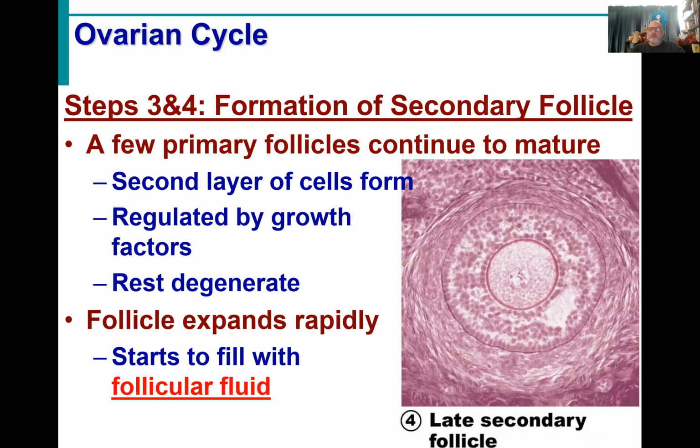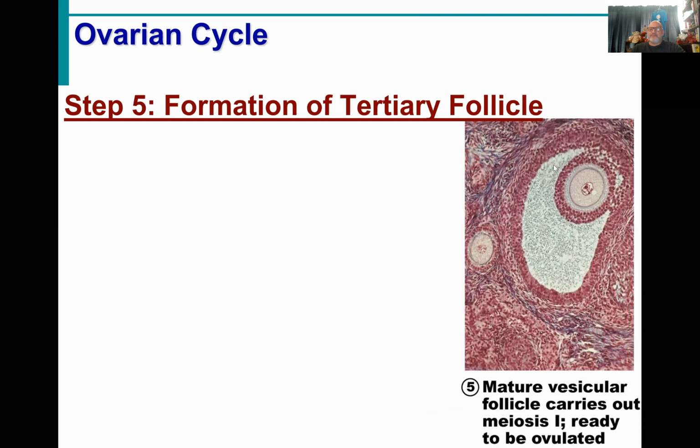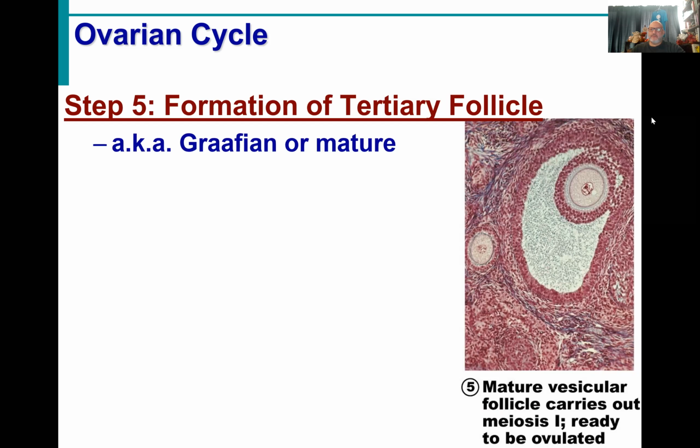It is only when all those gaps come together to form one big singular fluid-filled space that we have our tertiary follicle, or what we call a mature follicle, or a Graafian follicle. Notice at this stage, finally, our oocyte has completed meiosis.